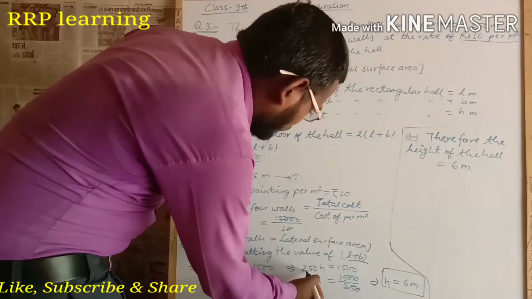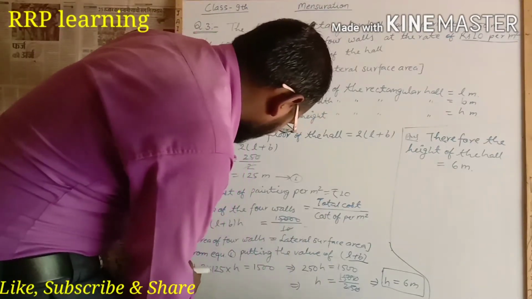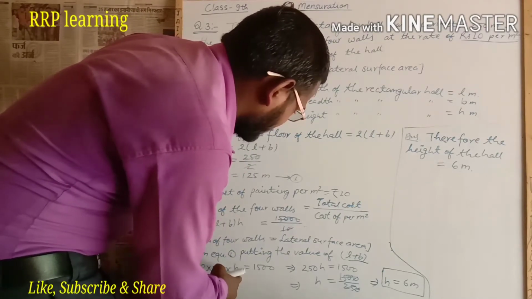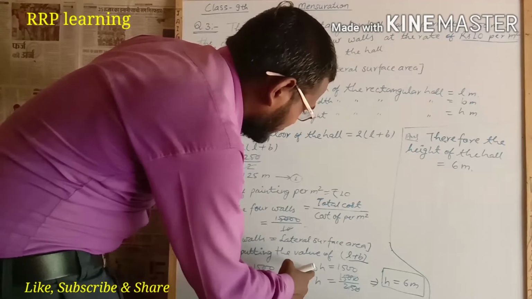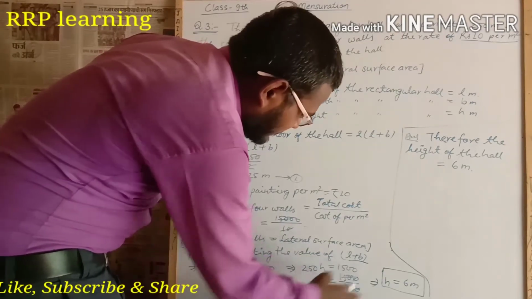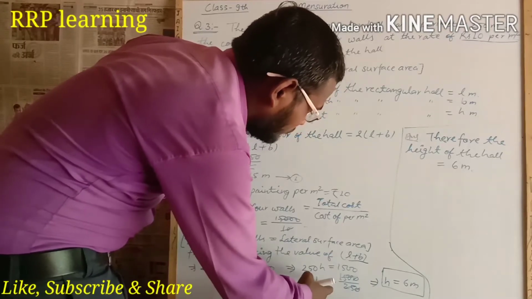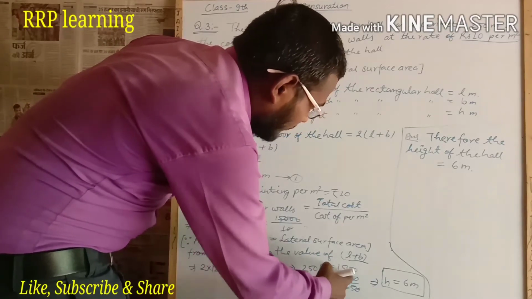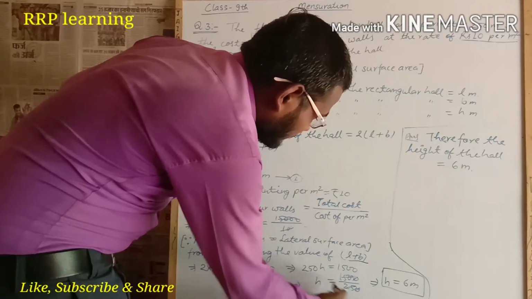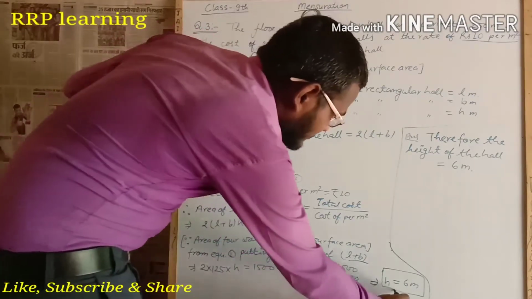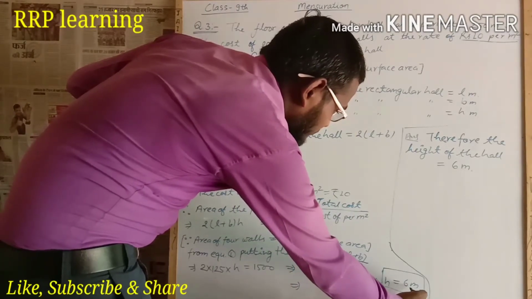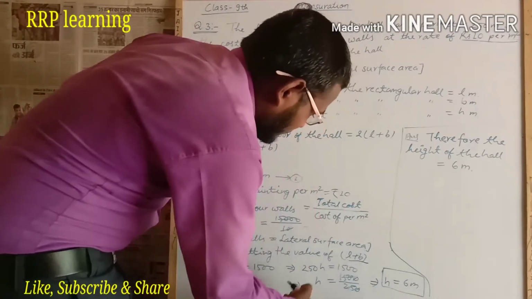Then 2 into 125 is 250, so 250 into H equals 1,500, or H equals 1,500 upon 250, or H equals 6 meter.